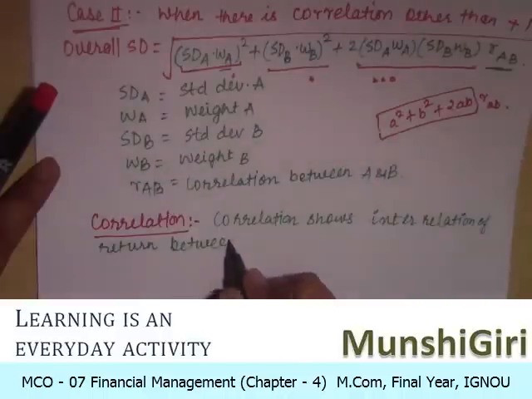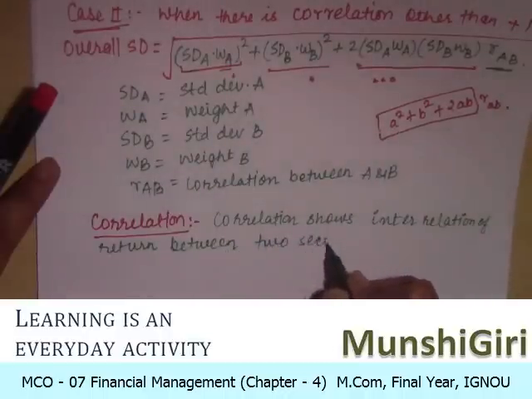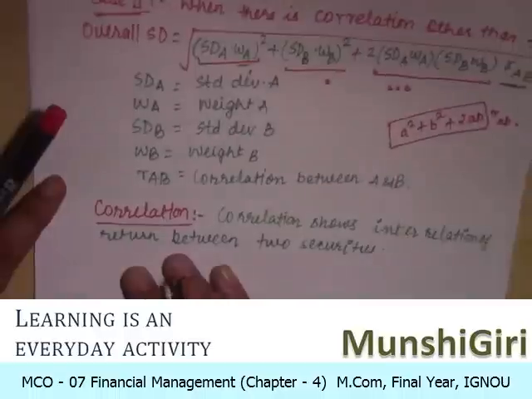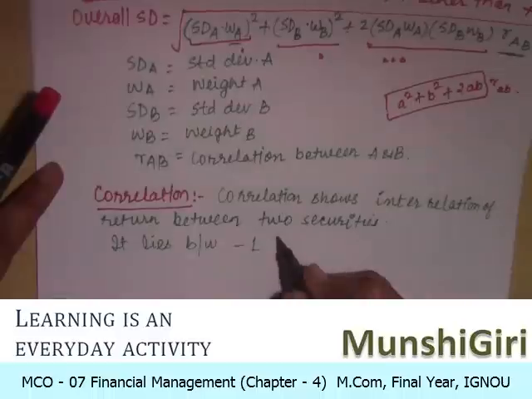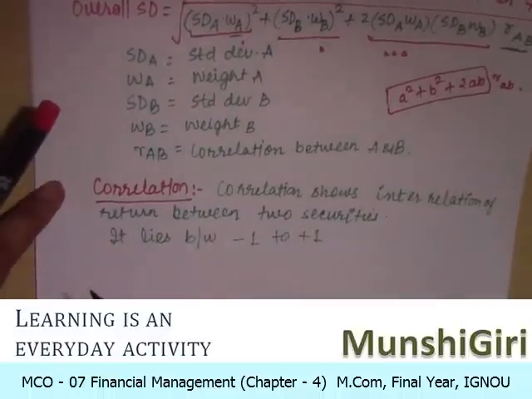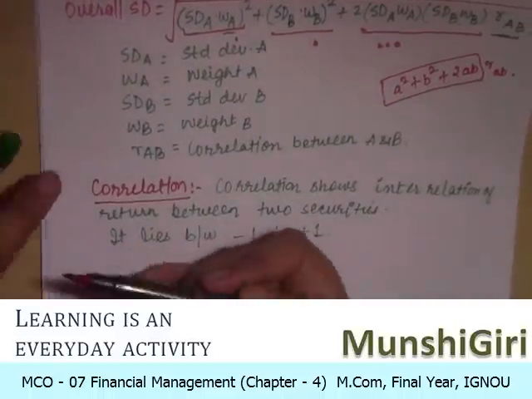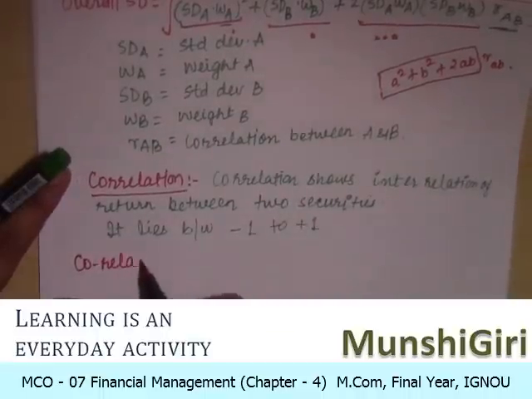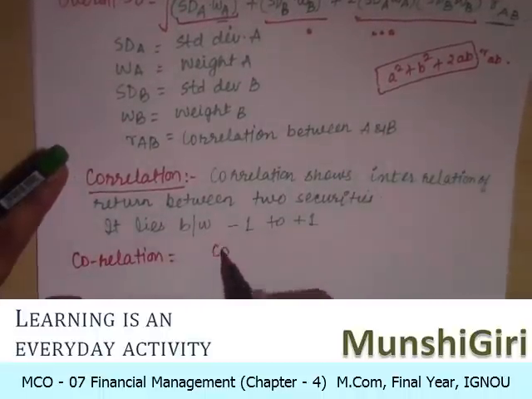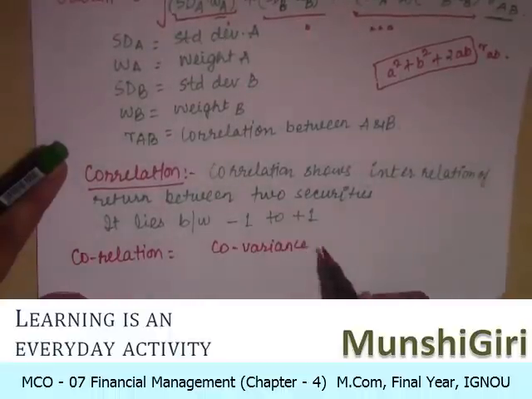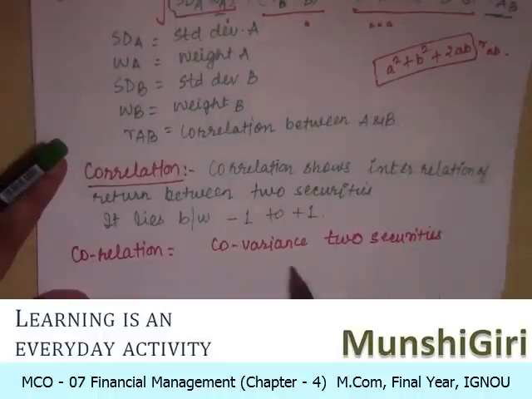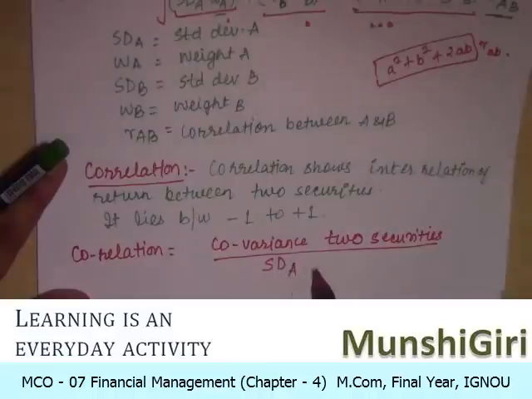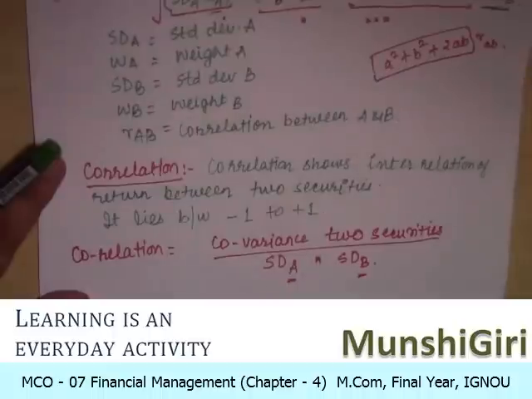It lies between the range of -1 to +1, and it can be calculated as correlation is equal to covariance of two securities divided by standard deviation of A into standard deviation of B, the first security and the second security.